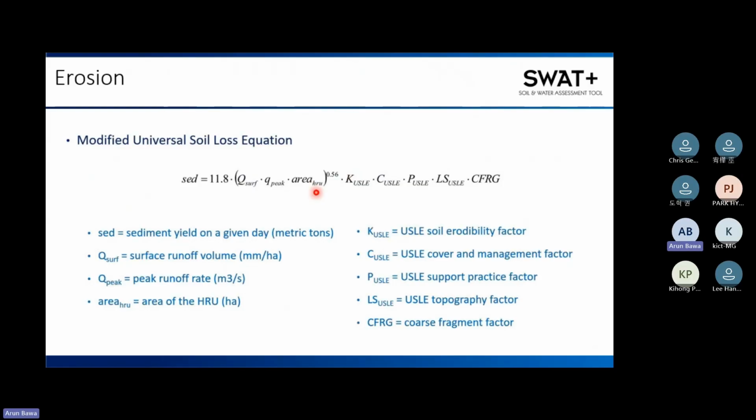Erosion first: we use the modified universal soil loss equation for SWAT. Erosion depends on many factors, like what your soil type is. Is it more sandy or more clay? So it will calculate based on these factors, like the soil erodibility factor depending on your soil composition, and then depending on what kind of land cover is there and how you are managing that land cover. So all those management factors: do you have a cover crop? Do you have corn? Are you tilling your field?